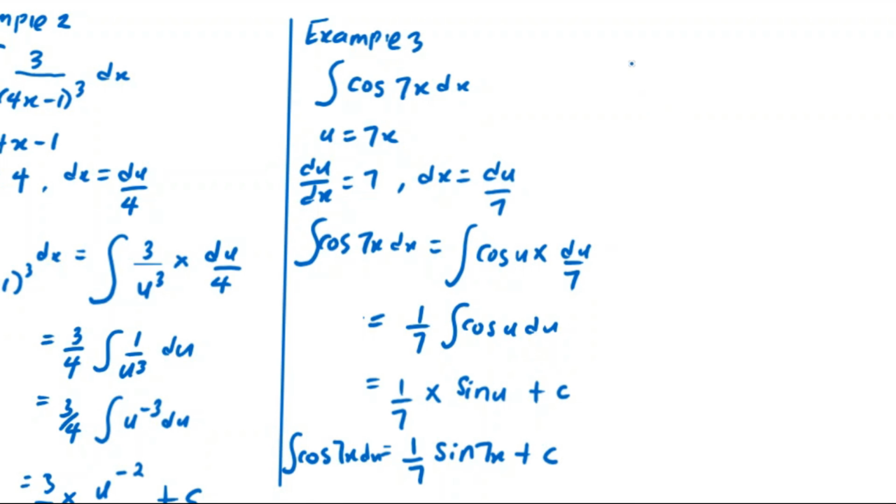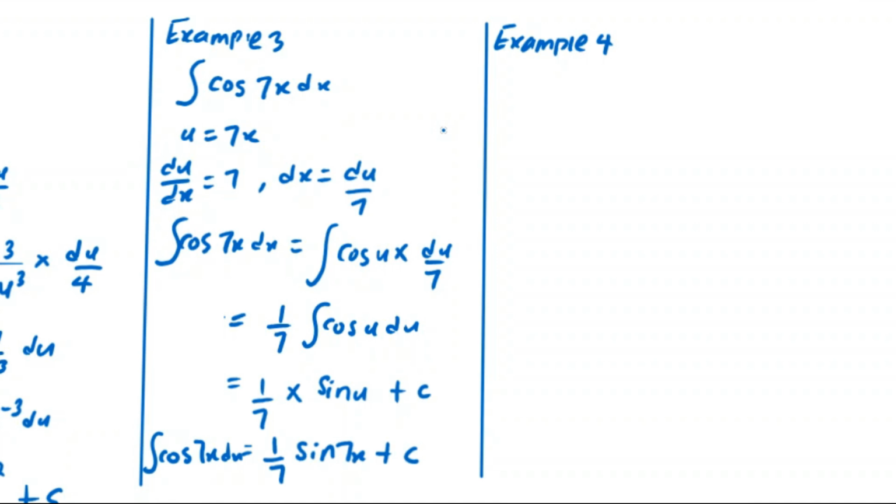So let's move to the next example now. Example 4, we have the integral of sine half x dx. So we are to evaluate the integral of sine half x dx.